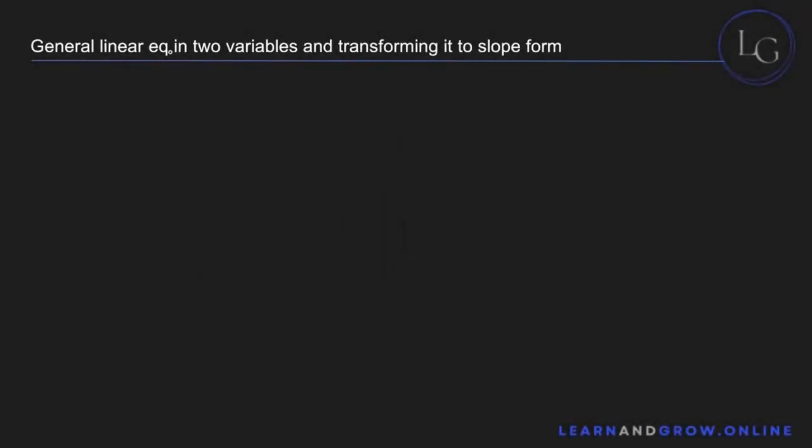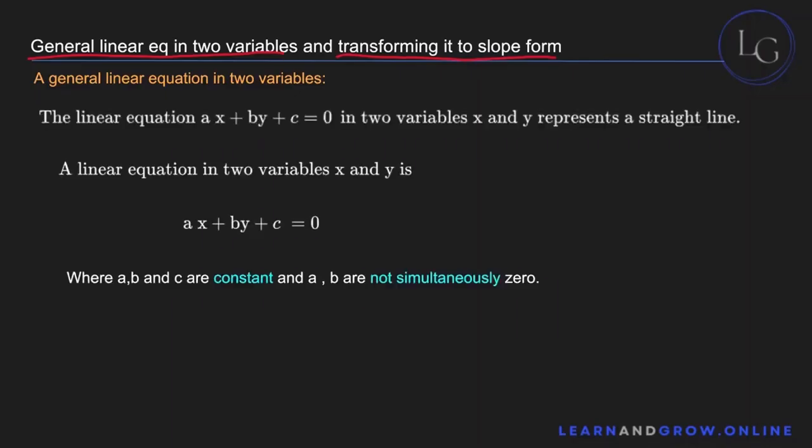Now let's see what the general linear equation in two variables is, and we'll also transform it into its slope form, right? So the linear equation ax plus by plus c is equal to 0. This equation is in two variables x and y, so these are the only two variables in this equation, and it represents a straight line.